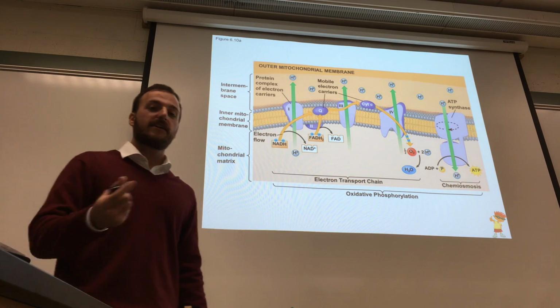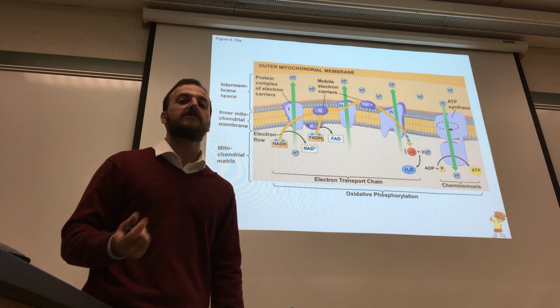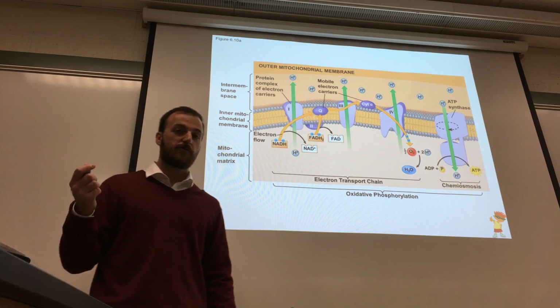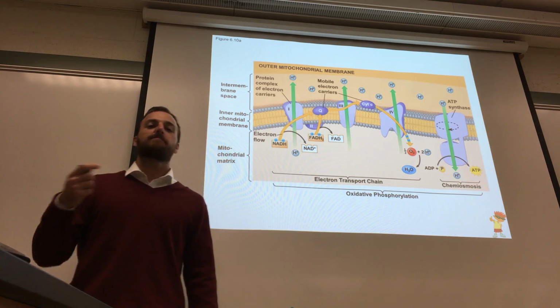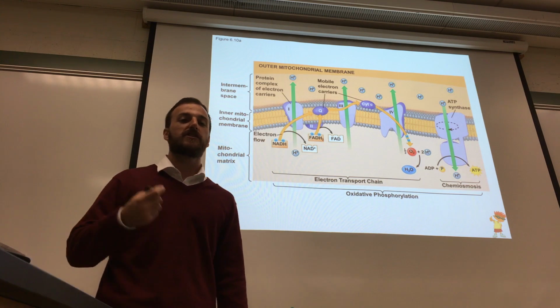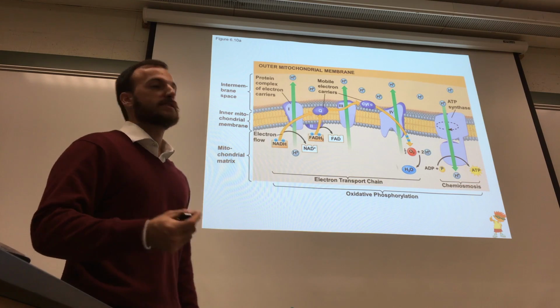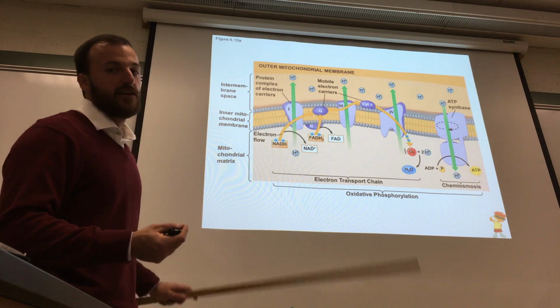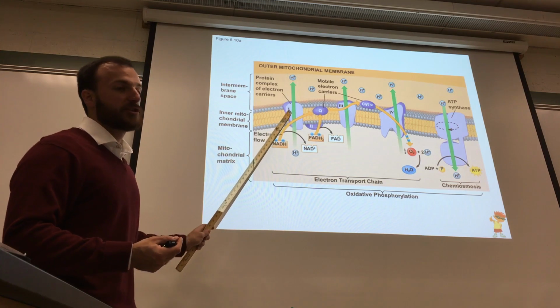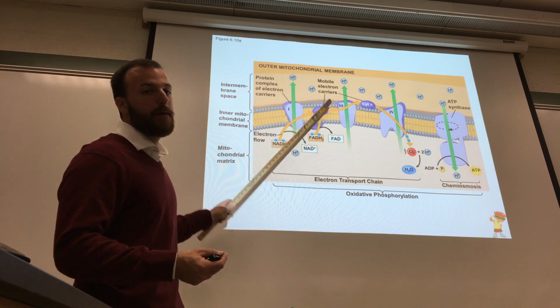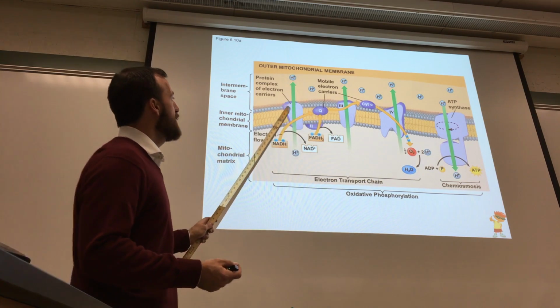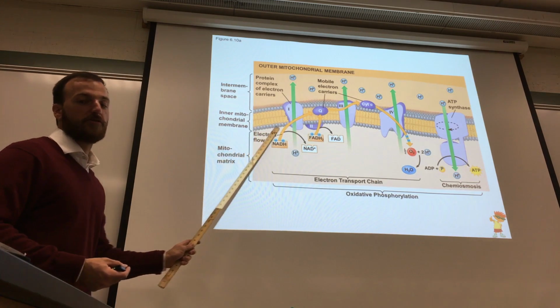Now, oxidative phosphorylation consists of 2 components, the electron transport chain and chemiosmosis, which is a special term for the diffusion of chemicals. Now, what's going on in the electron transport chain? Well, NADH is going to drop its electrons off at these membrane-bound proteins that are found in the inner mitochondrial membrane.